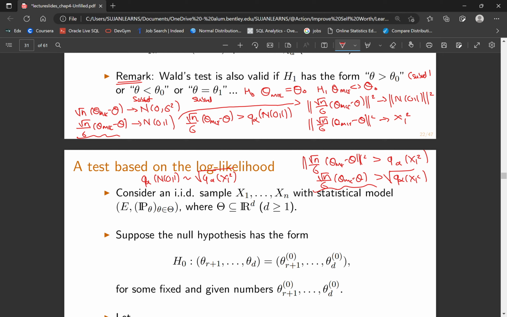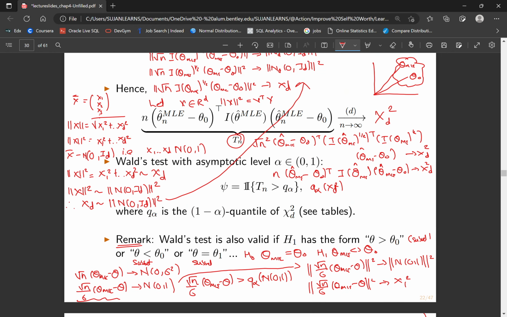Let me quickly summarize what we learned today. We learned about the Wald test and creating a test statistic of the Wald test, and not only test statistics but also tests out of test statistics.